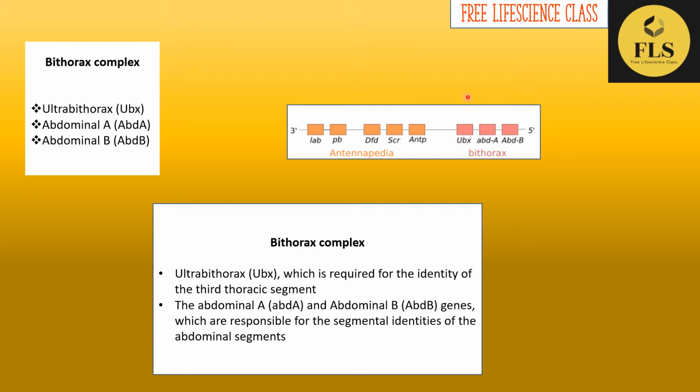So this Ultrabithorax will assign the identity for the third thoracic segment, and abdominal A and abdominal B are responsible for the identity of the abdominal segments.